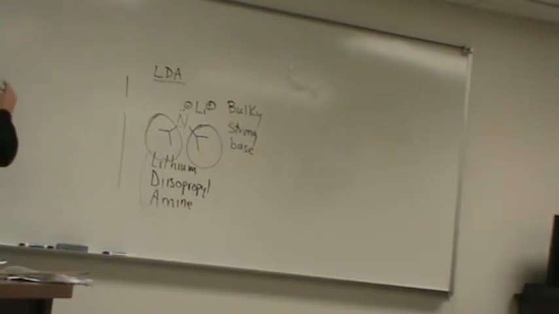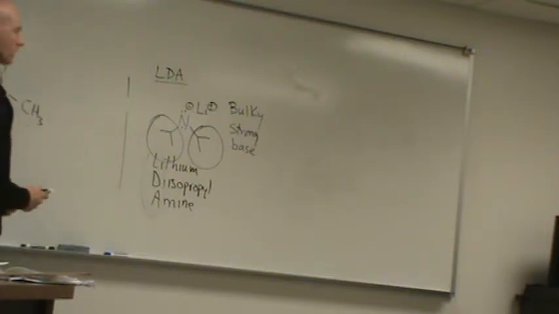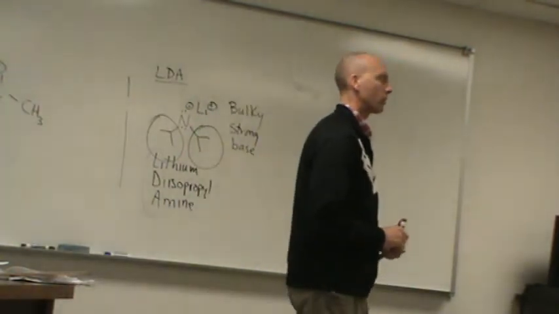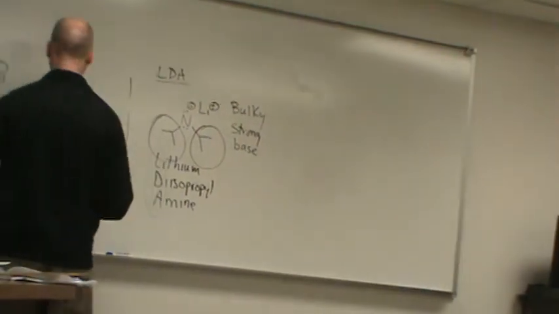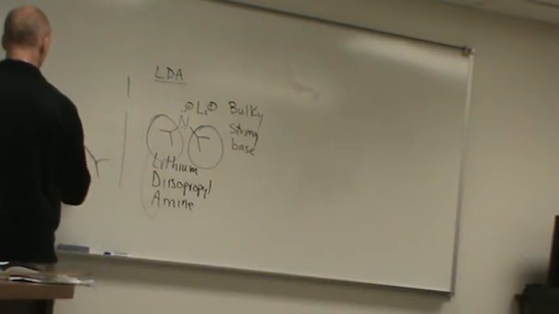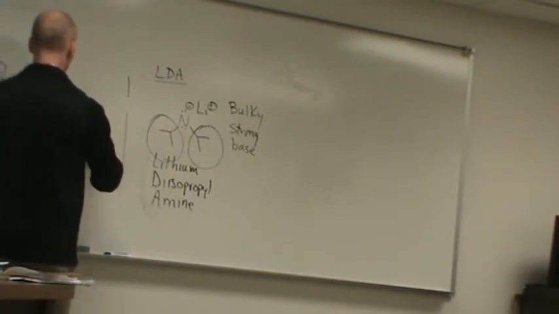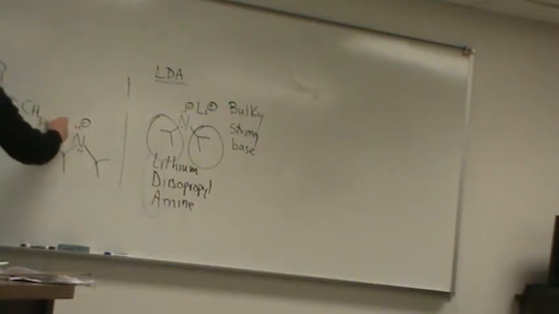Okay, let's suppose we had acetone. Okay, so there's acetone. And suppose I react this with LDA. If you remember from aldehyde and ketone chemistry, we learned that this thing would love to attack the carbonyl.